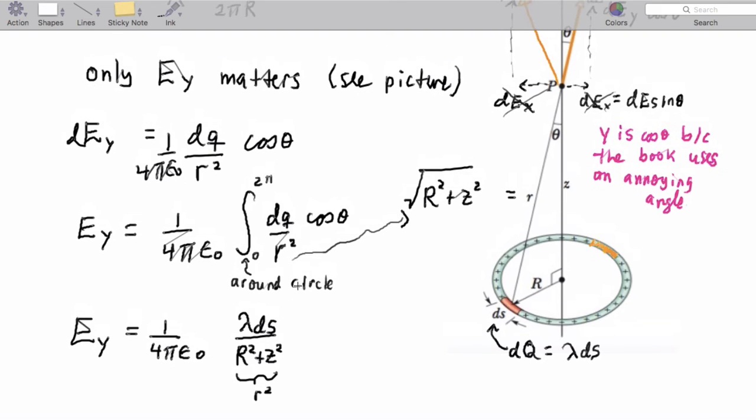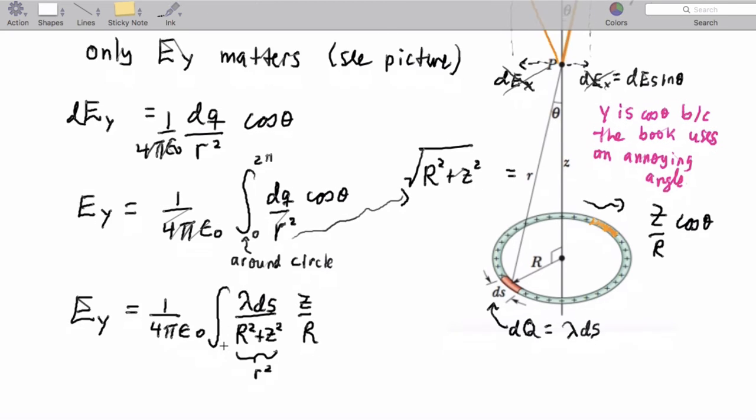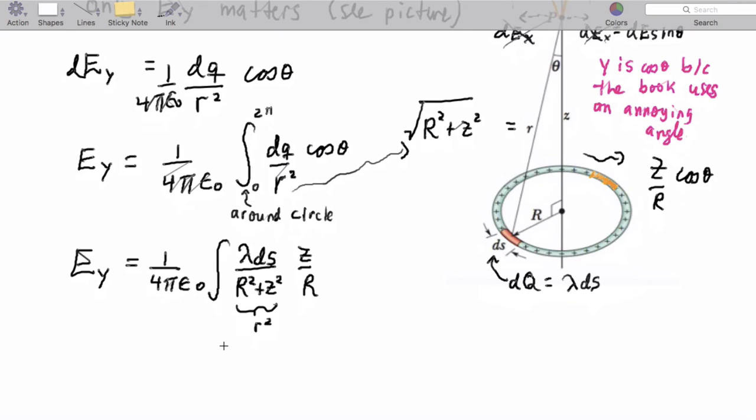Now, when I look at how I get cosine of theta, notice z over r is the cosine of theta. And I'm going to integrate this all the way around the circle.